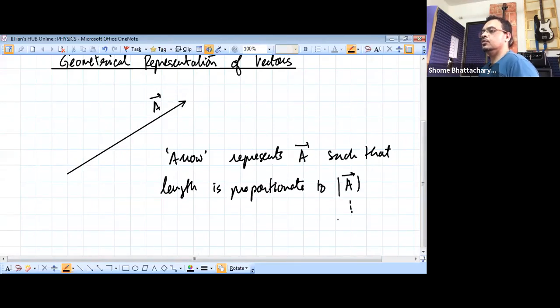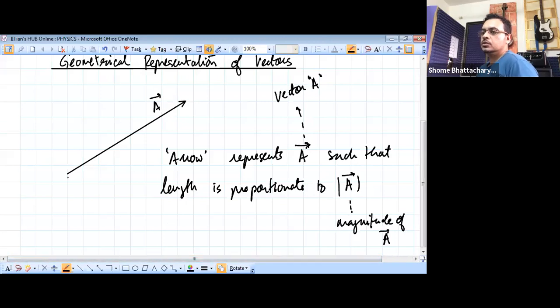So this symbol is used for magnitude. And this symbol here is understood as the vector symbol. The arrow on top of this represents a vector quantity.